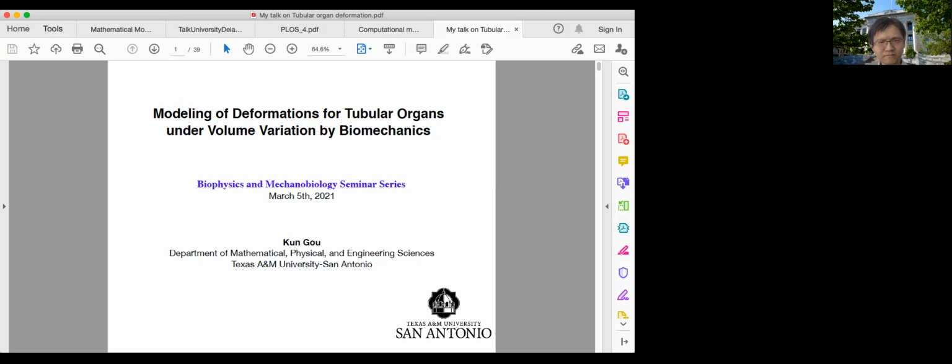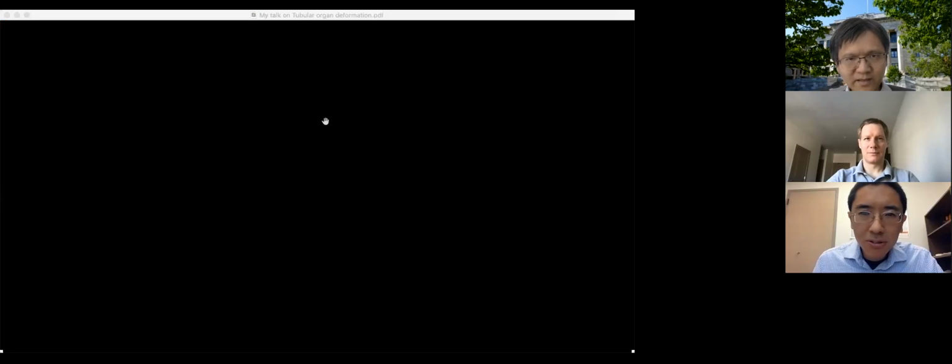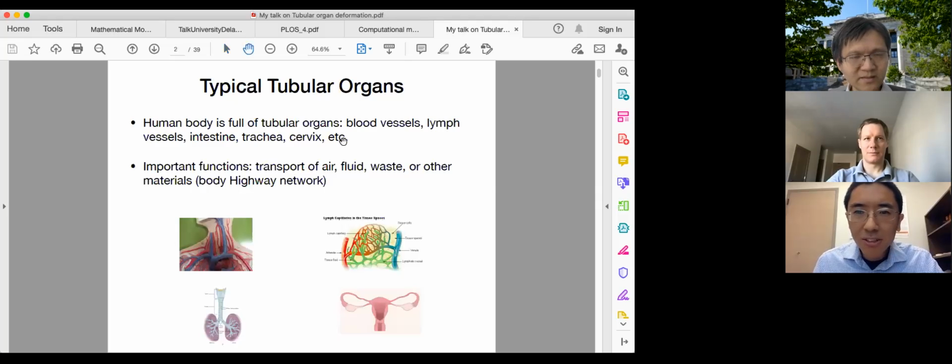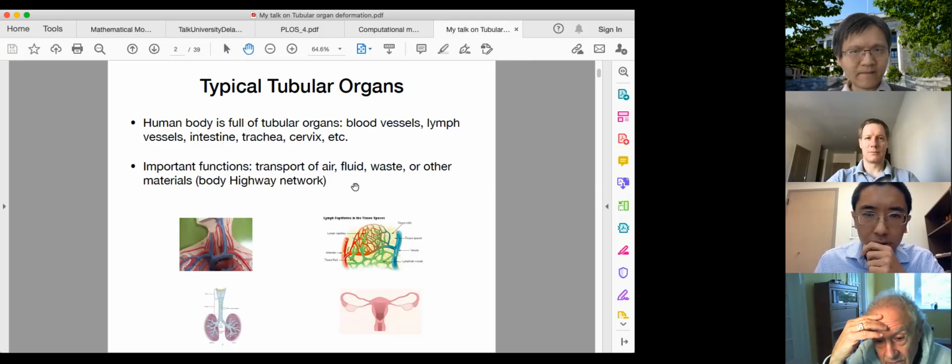Is it just me, or I'm actually not seeing the slides going forward? Oh, I can see the slides. Can everybody else see the slides? Are you in the presentation mode? It's a PDF. We're seeing a PDF, but we're not seeing the presentation mode.